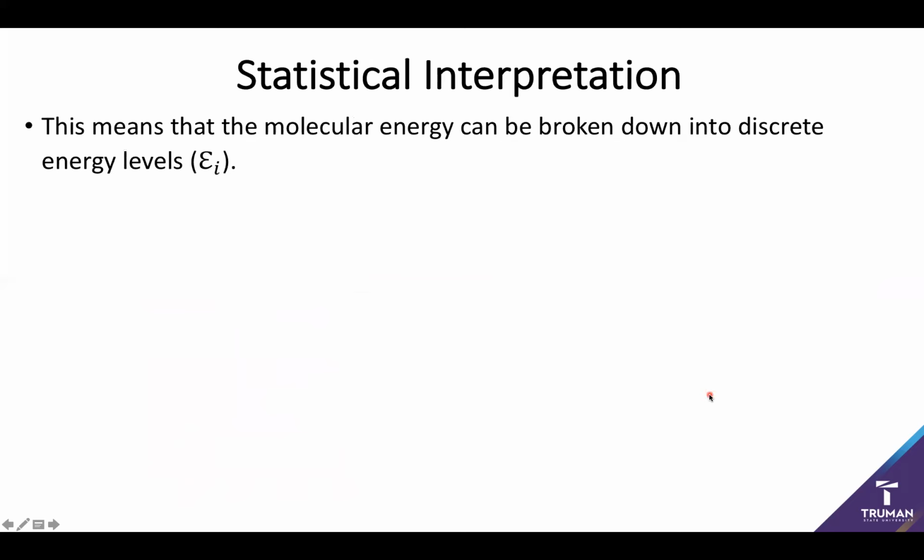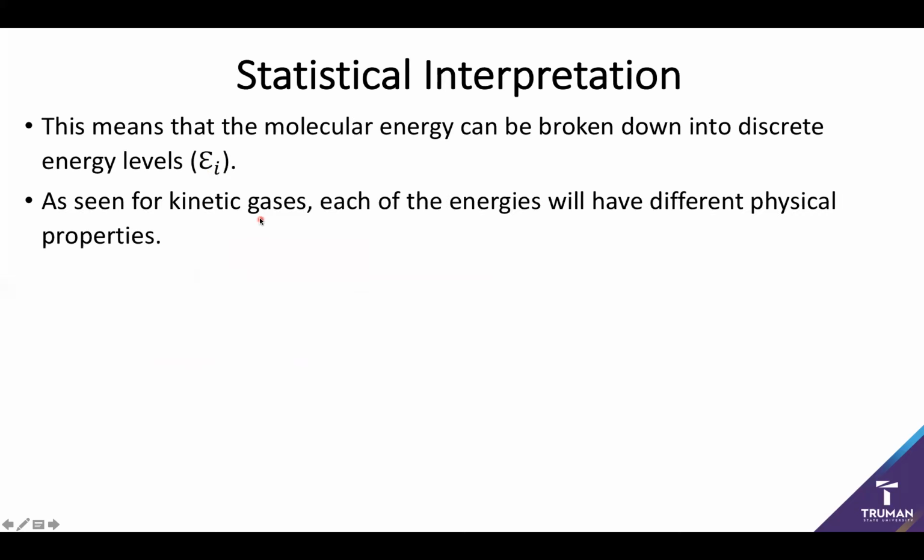However, one of the things that's very important about knowing that we have these multiple different types of energy levels with distinct energies is that it means that I can break down the whole molecular energy for the entire molecule into these discrete energy levels, which we're going to represent as E_i, where the molecule is going to be in state i with characteristic energy E. And we've already observed the importance of having different energy levels on observable properties in kinetic gases, as each different energy will result in a discrete pressure applied to the container that the gas is contained in.